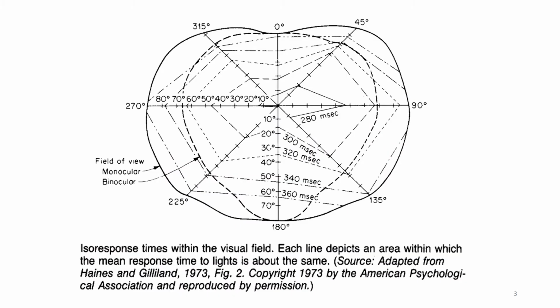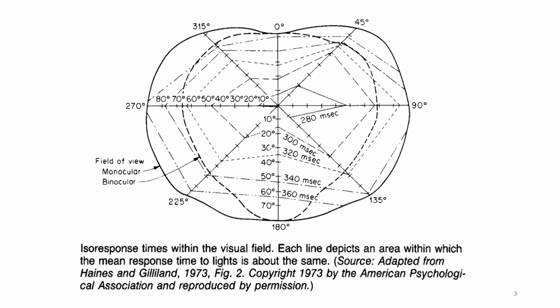This is called the ISO response time within a visual field. You can see the different areas an individual can look into at a time. This figure, the ISO response graph, is drawn based on the research of two scientists who measured the subjects' times of response to a small light that flashed in various locations of the visual field.